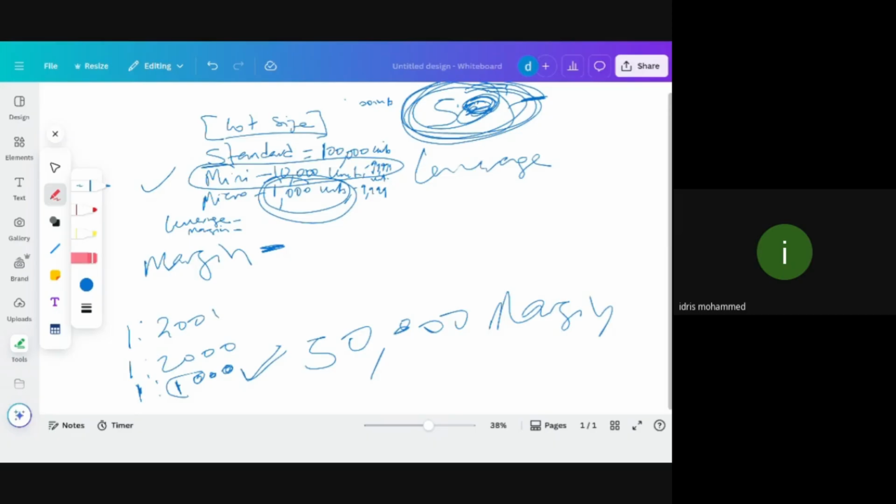But if you go for this, it means that for $1 of your $50, they will give you 200. So 50 times 200, how much margin will you have? Is it 1,000 or 10,000? Yeah, 10,000 margin.